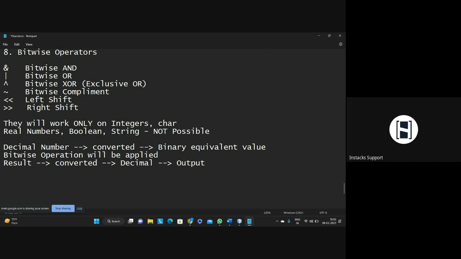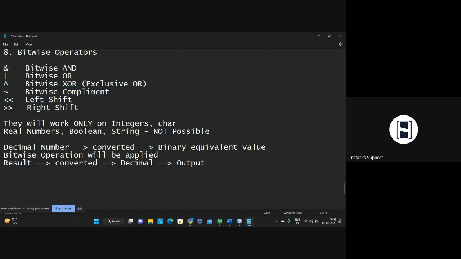Whatever number you give will be converted to a binary equivalent, then the operation will occur, and the result, which will again be binary, will be converted into decimal and displayed for us. This is the internal process happening for my bitwise operators.